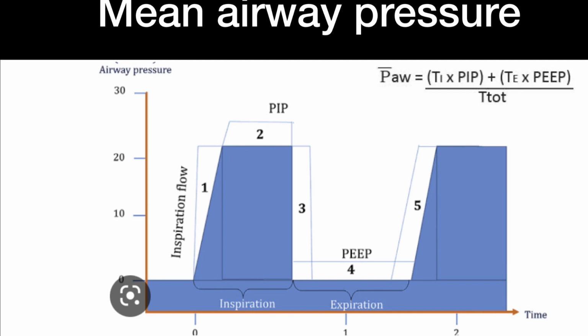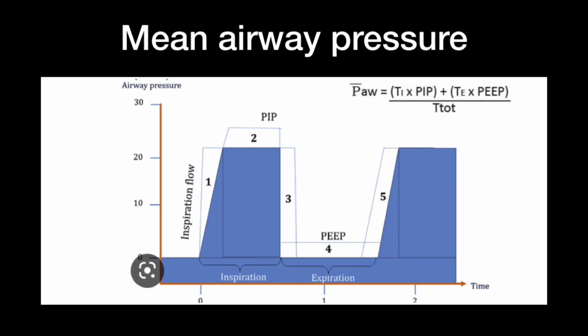In our unit, when you're using a conventional mode of ventilation, there is no button to increase the MAP or mean airway pressure, unlike high frequency ventilation where there is a direct way to increase the MAP. However, in conventional ventilation, we need to use other knobs like increasing the PIP, the PEEP, or the flow rate.